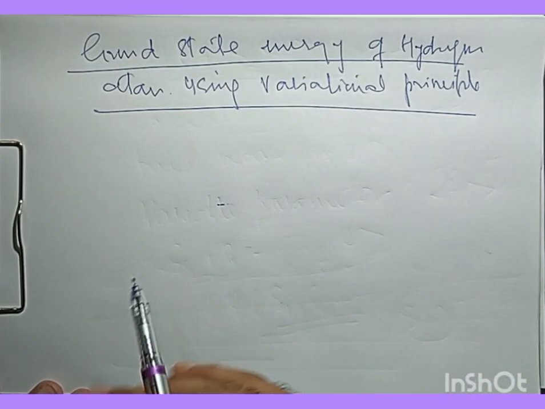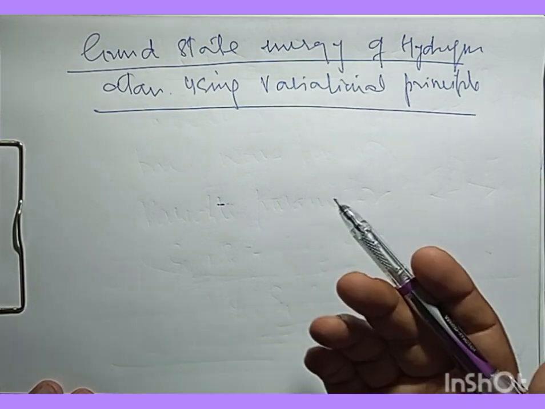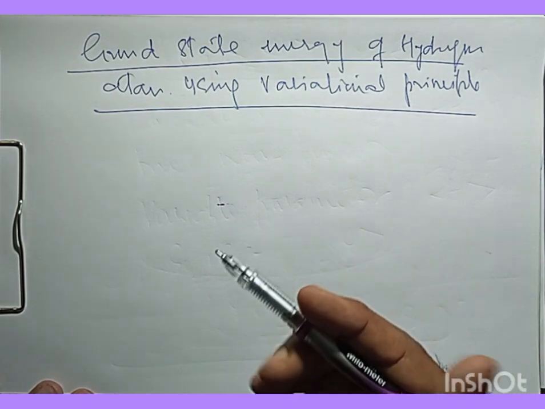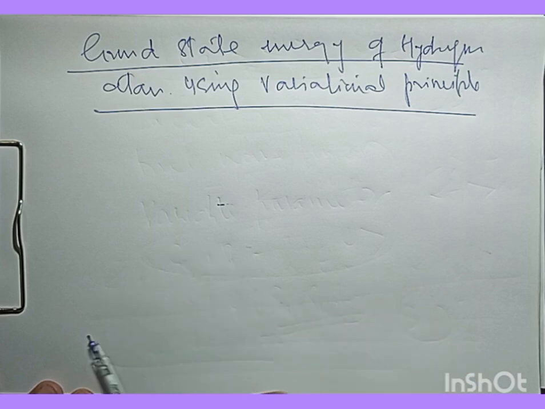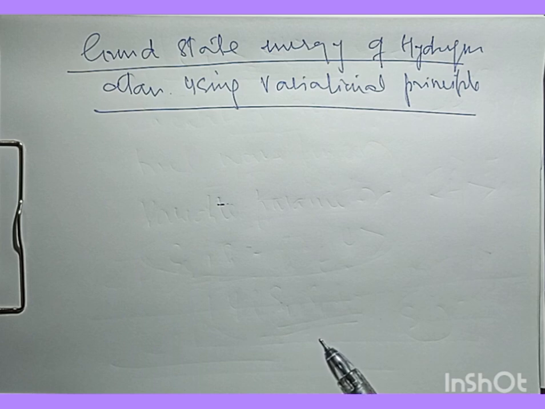And then we minimize the expectation value of the Hamiltonian, and this principle ensures that this expectation value is always greater than or equal to the true ground state energy.